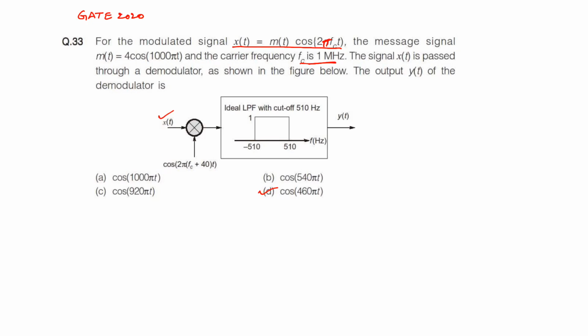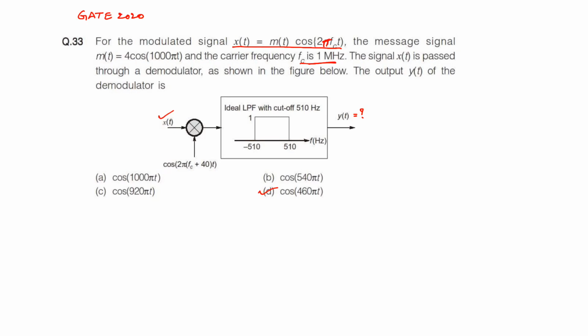And what must be the signal y of t after passing through this demodulator, using a low pass filter with a cutoff frequency of 510 Hz? Any frequencies between plus 510 and minus 510 will pass through this low pass filter, and all other frequencies are stopped.